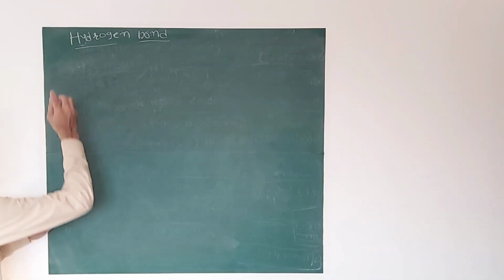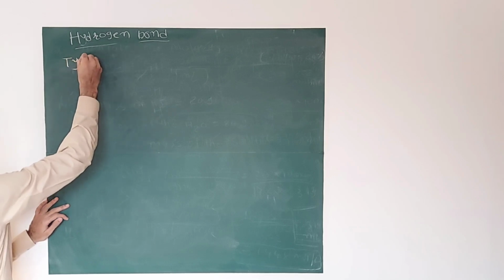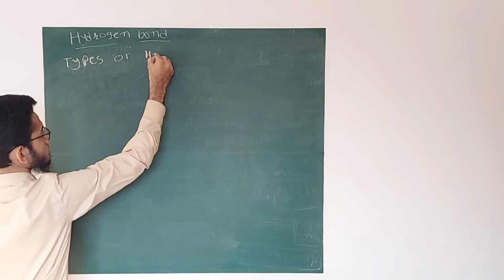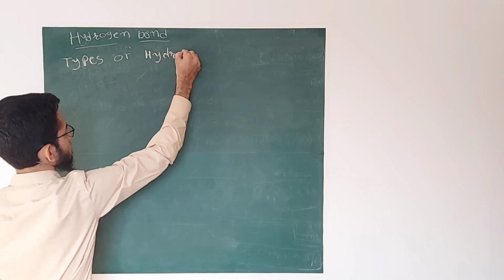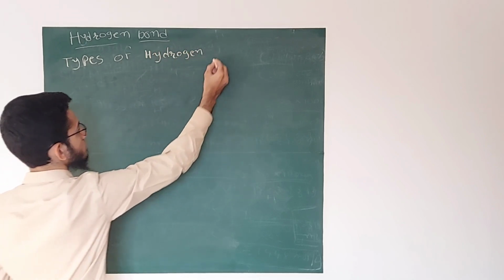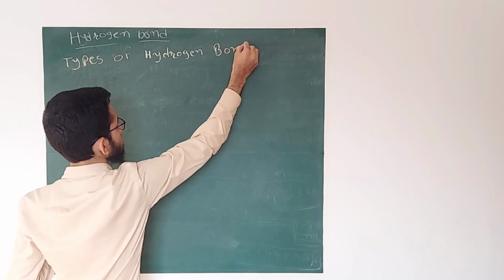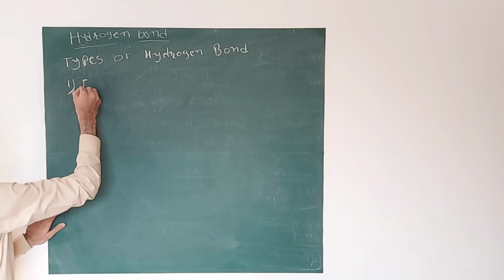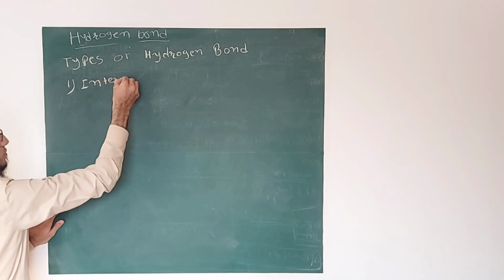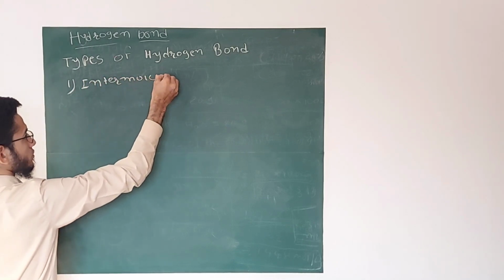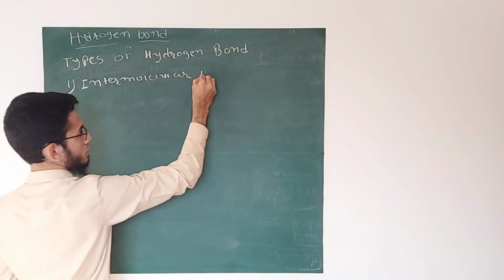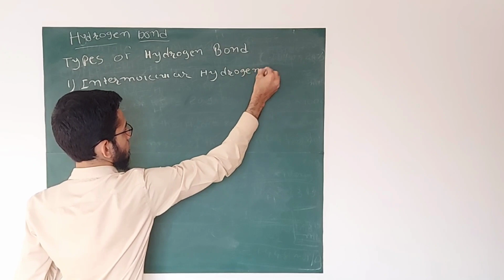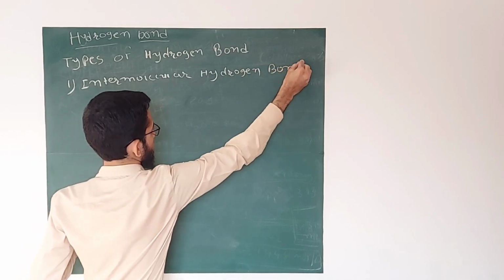So first is types of hydrogen bond. First is intermolecular hydrogen bond.